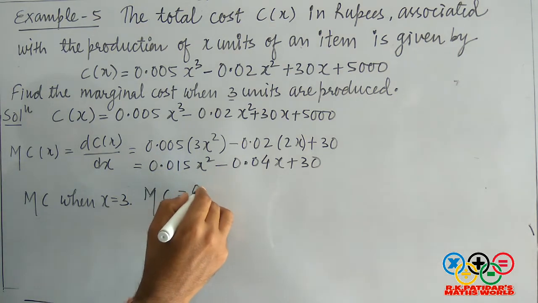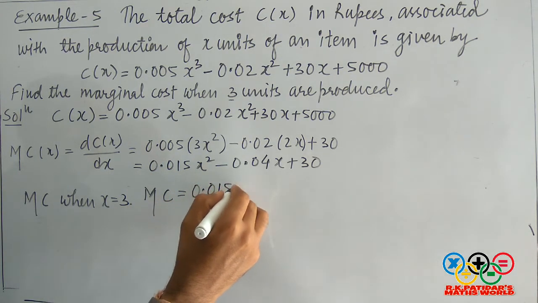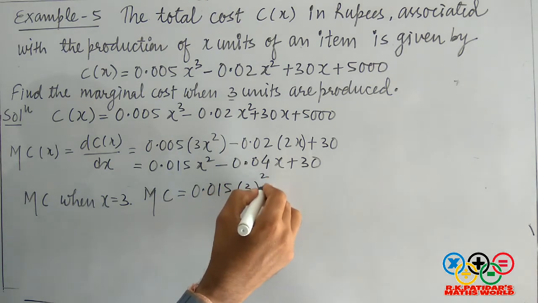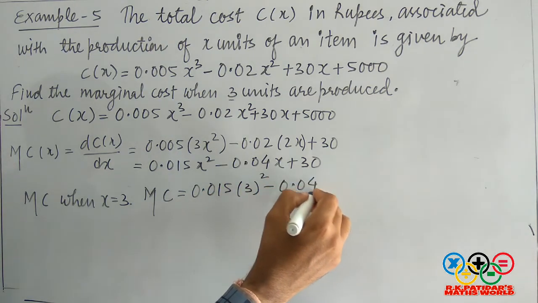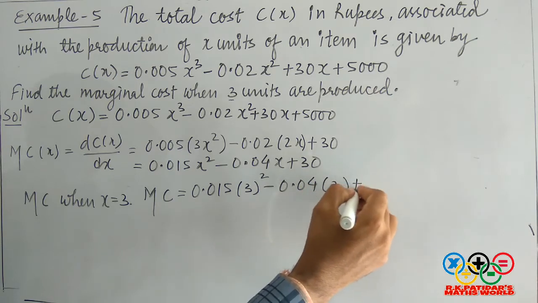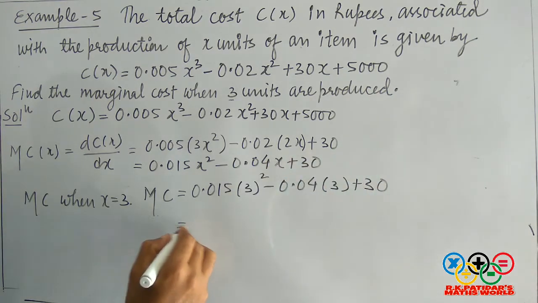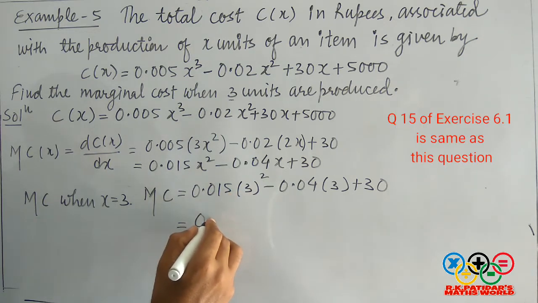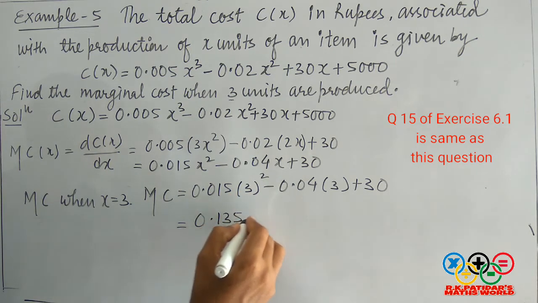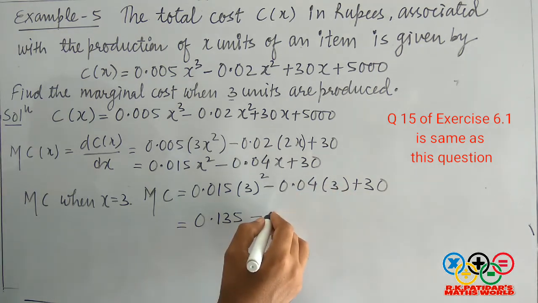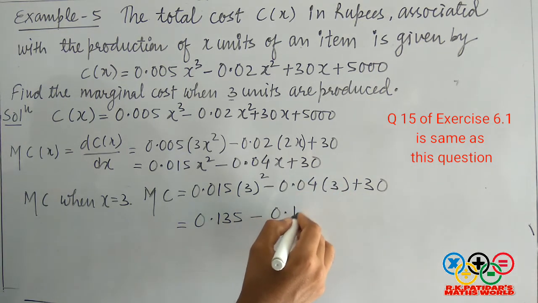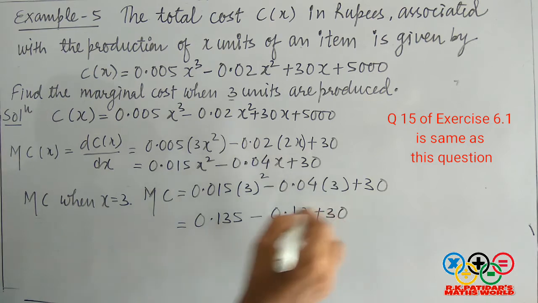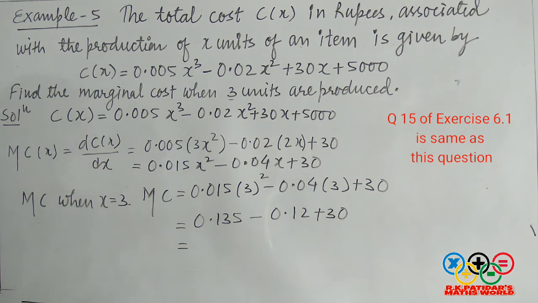So we will put x equal to 3. The marginal cost will be 0.015 into 3² minus 0.04 into 3 plus 30. So 3 threes are 9, and 15 nines are 135, so it is 0.135. 4 threes are 12, so it is 0.12, plus 30.